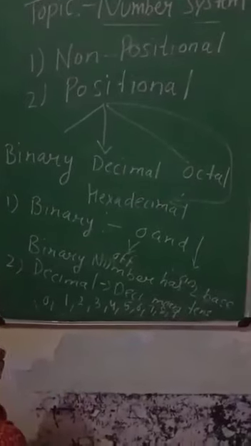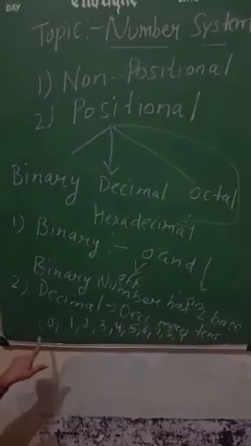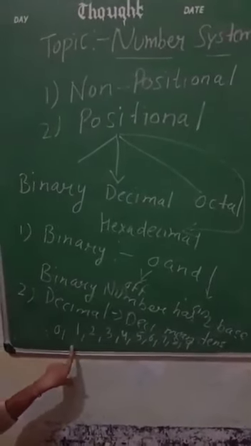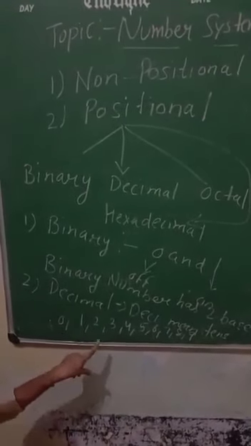These values, 0 to 9, come in the decimal number system because the base of the decimal number system is 10. Why is the base 10? Because here we are using 10 digits, 0 to 9. So the base of the decimal number system is 10.